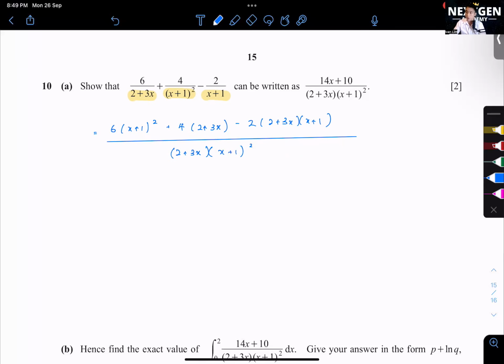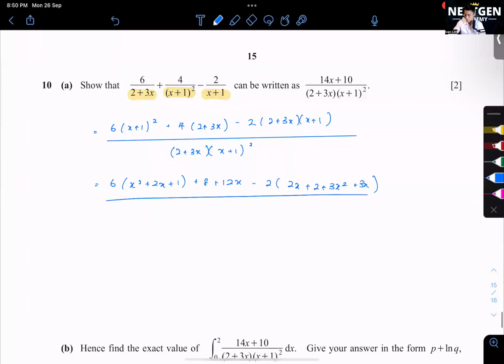Okay, go and slowly open up all your terms. 6 x squared plus 2x plus 1. This one you get 8 plus 12x minus 2x plus 2 plus 3x squared plus 3x over 2 plus 3x, x plus 1 squared.